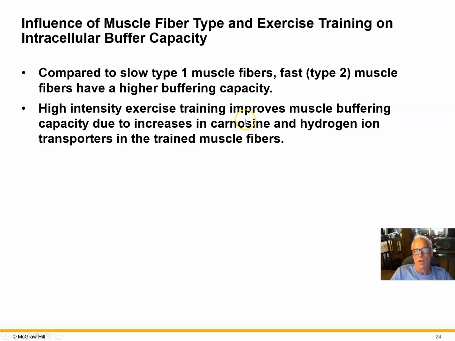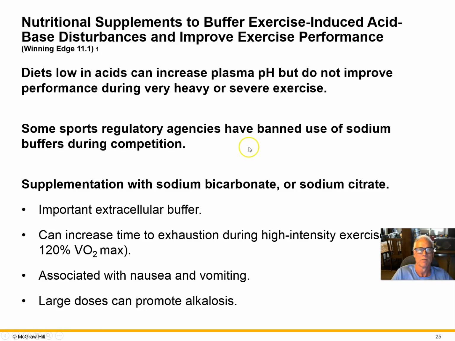There's another buffer that we haven't talked about, carnosine. Carnosine can help us buffer in muscle cells, and the amount of carnosine will also increase in response to high intensity exercise. So trained muscle cells will have more carnosine, and that'll give us an increase in buffering capacity so that we can do more high intensity exercise before fatiguing.